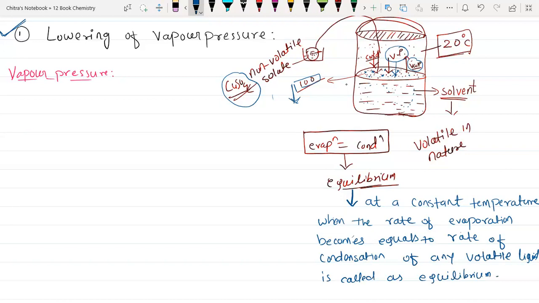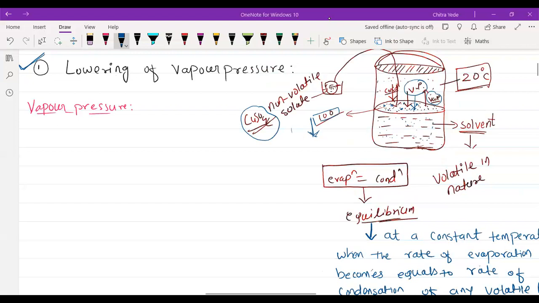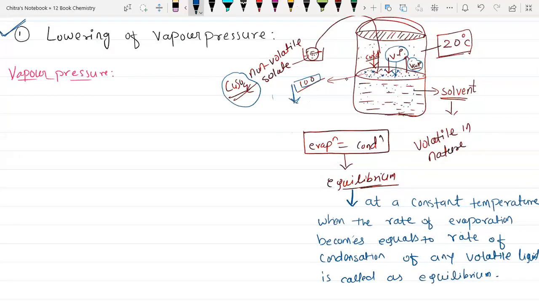Understood everyone what equilibrium is? Everyone keep replying, beta. Yes, sir. Okay, so this is called equilibrium.